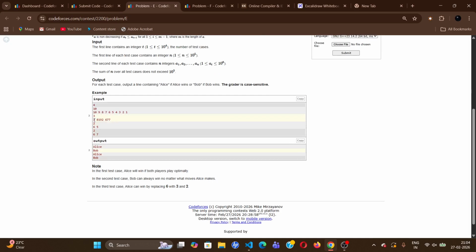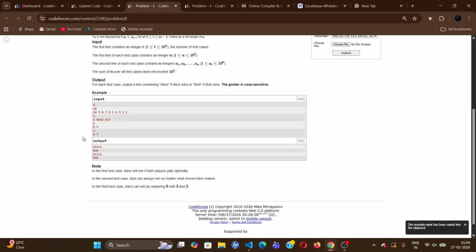If it is not, then for each number we will try to see if we can break that number into something like that. Then that is it. If we can break any number like that, Alice will win.